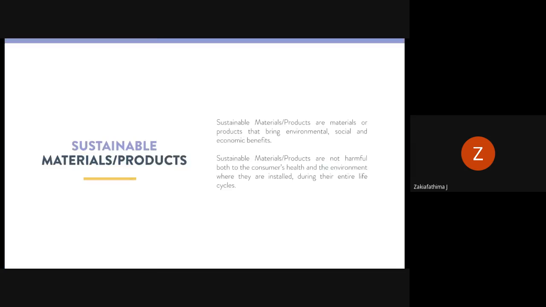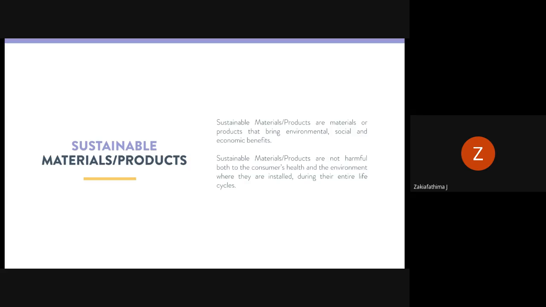Okay, so moving on to what a sustainable material and product is. It is a material that brings environmental, social, and economic benefits, and it should not be harmful to your consumer's health, and it should not be harmful to the environment. This is the main principle behind a sustainable material.